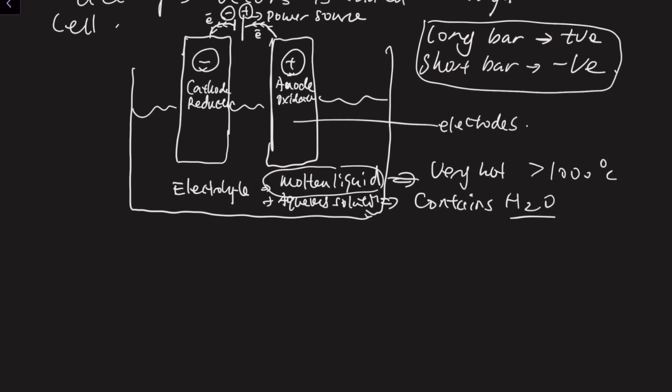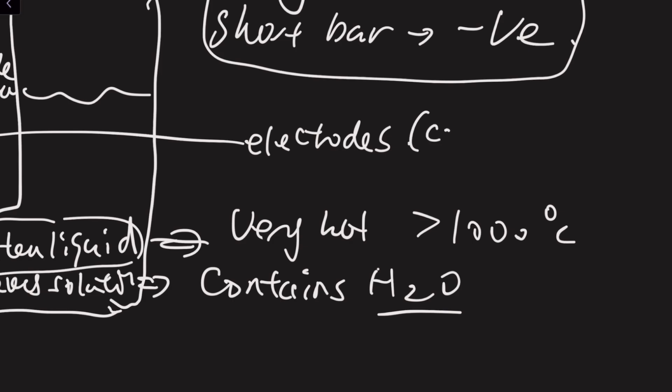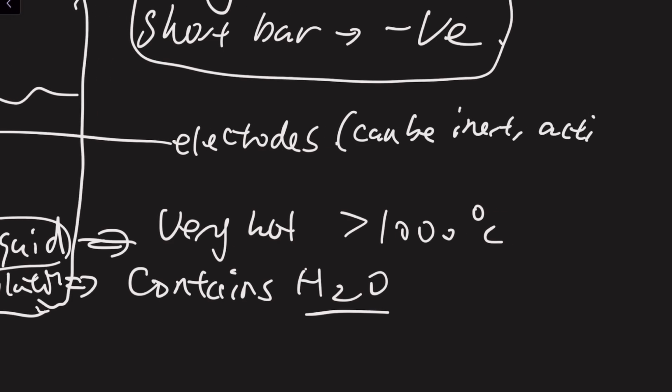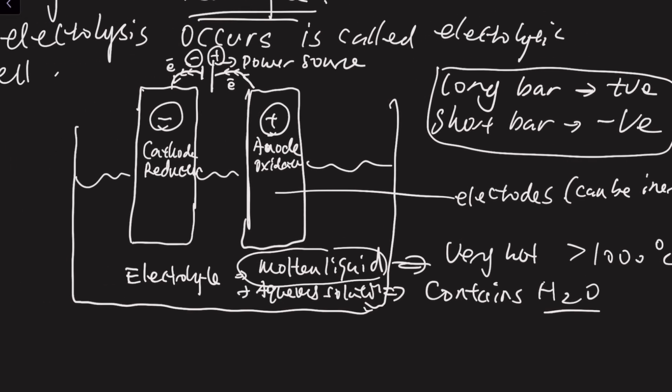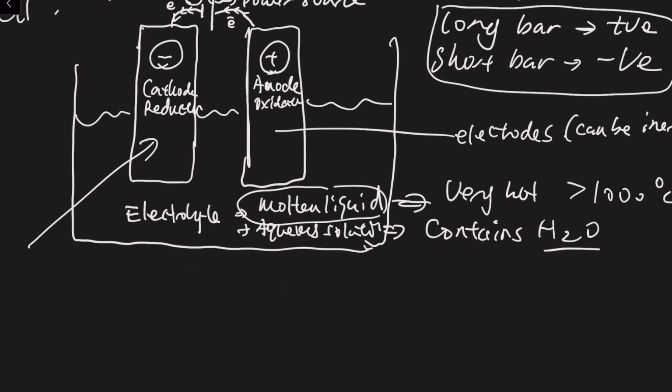And I want to note, the electrodes can be inert or they can be active. But no matter what electrode you use for the cathode, it would always be inert, or always not react. Whether you put in a very reactive metal, or an inert electrode, or gold, it doesn't make any difference.